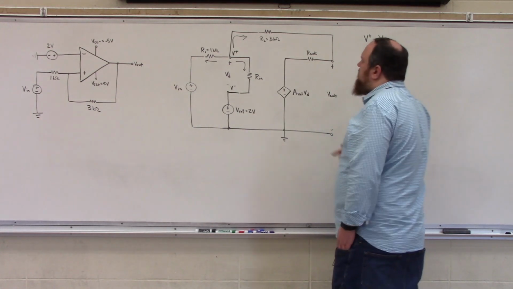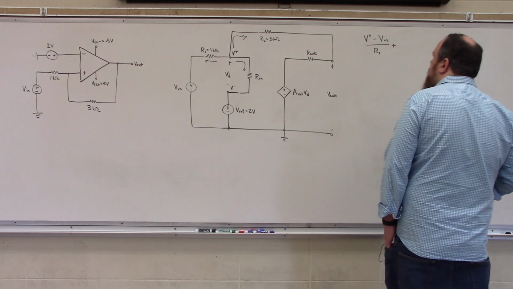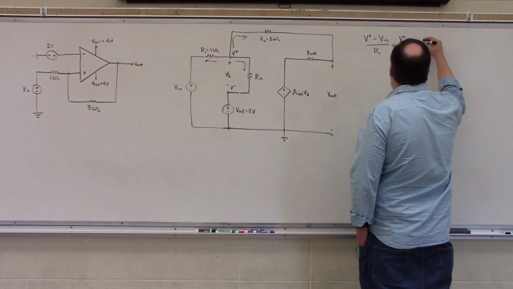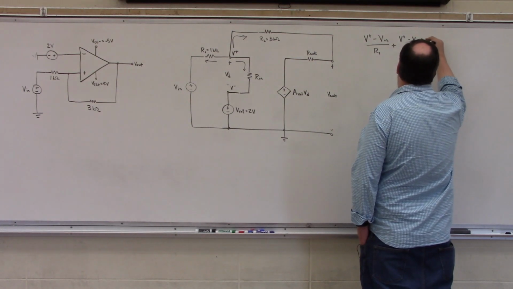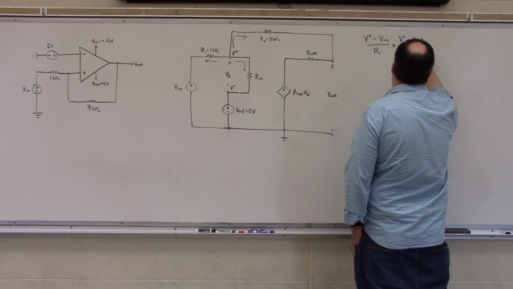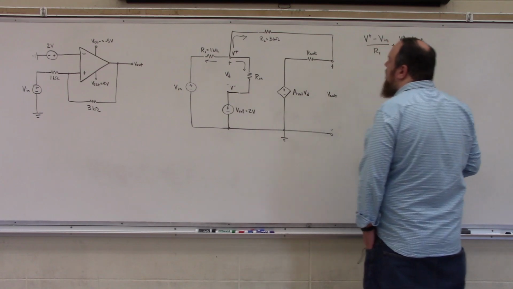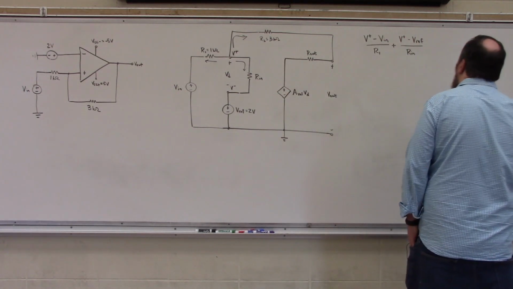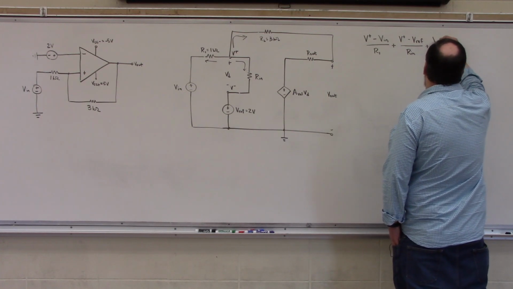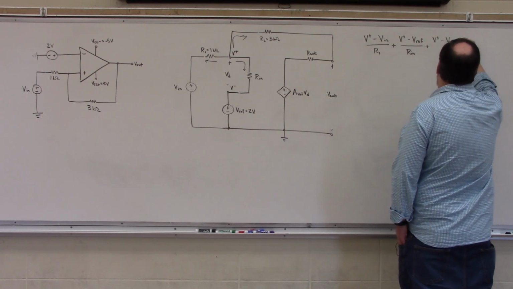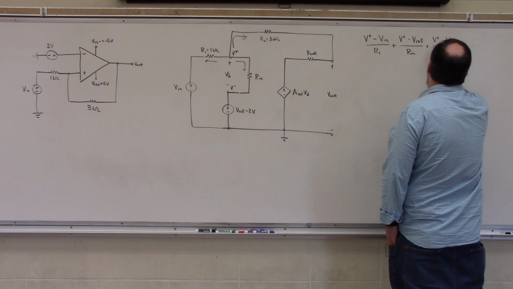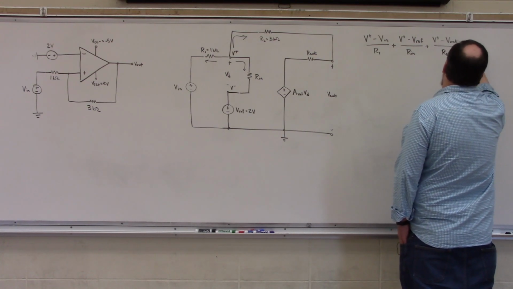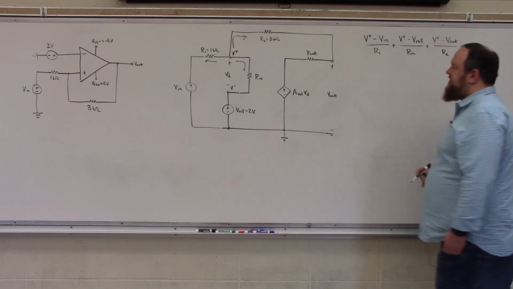Then we're going to have our current directed down and to the right through our input resistor, V plus minus Vref divided by Rn. And lastly, we're going to have this current directed through our feedback loop, V plus minus V out divided by our resistor R2, and all of this is equal to 0.